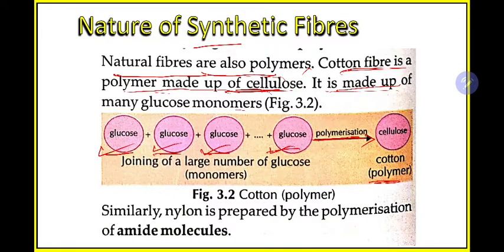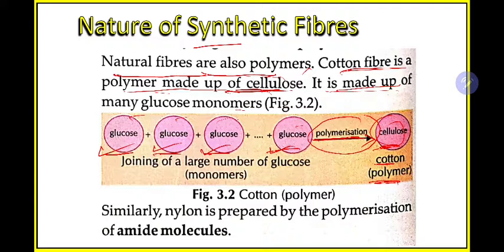The result is known as a polymer and the process is known as polymerization. So they are adding a certain number of glucose units and forming a single polymer unit, which is cellulose, which is known as cotton. So cotton is nothing but a polymer made up of cellulose.